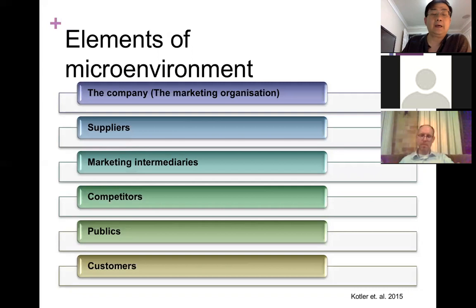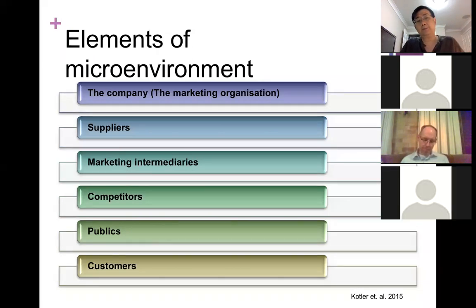The analysis of the company actually helps us to understand the strengths and weaknesses of the organization, because our focus when it comes to analyzing the company is trying to understand the organization, the process, and also people.